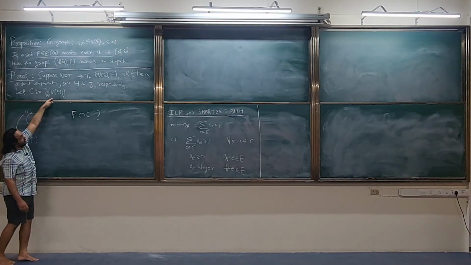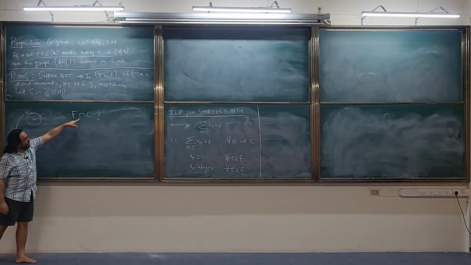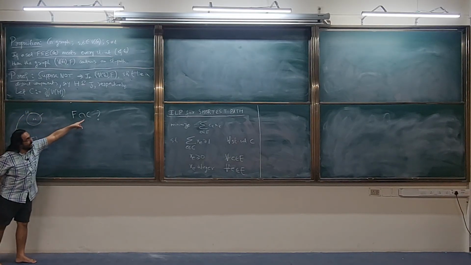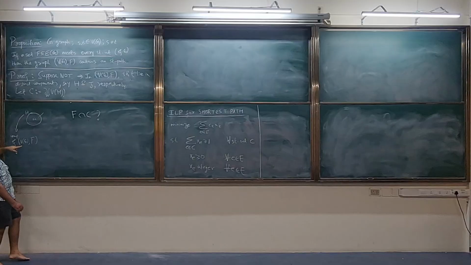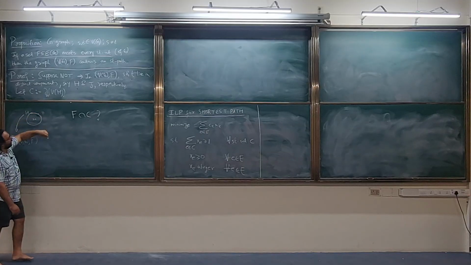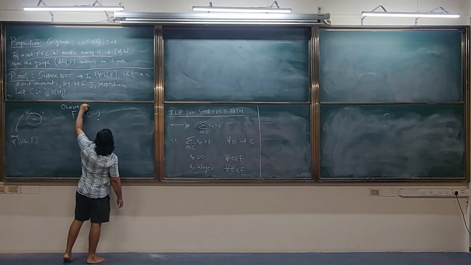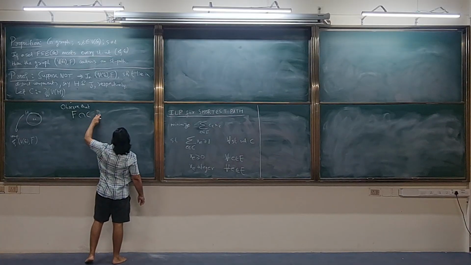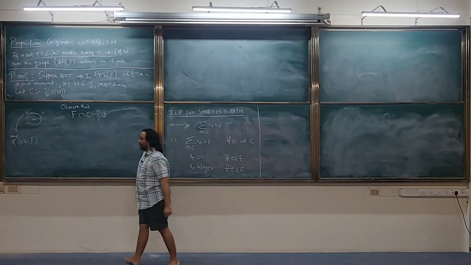C is this. If there were an edge in this set, that would be in C and that would also be in F. That would mean that this vertex would also be a part of the same component in this graph. But this is not in the same component. So observe that F intersection C is actually empty. A contradiction.